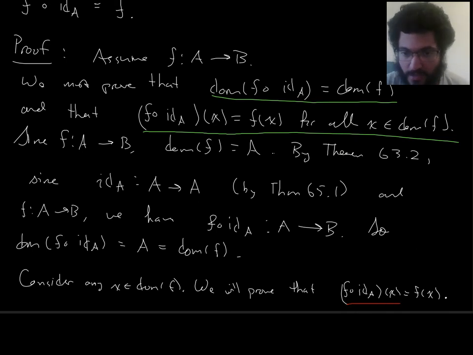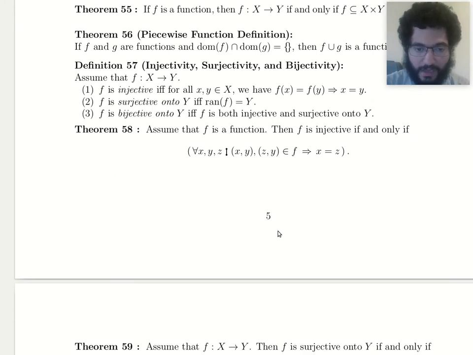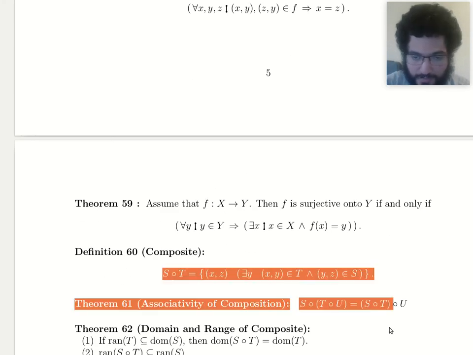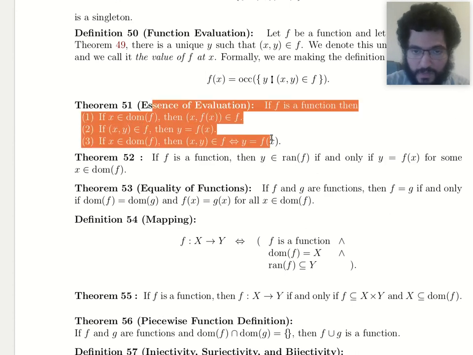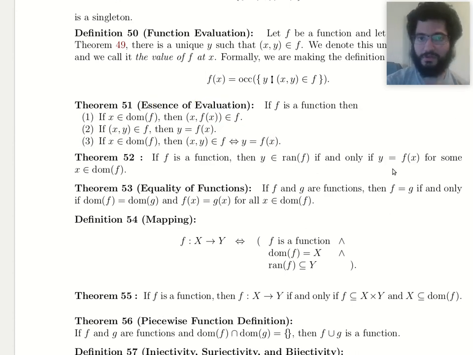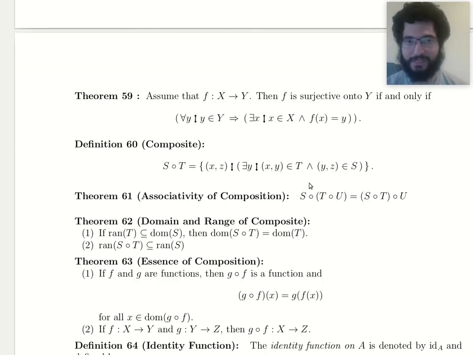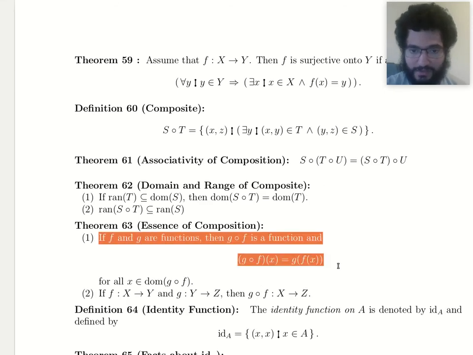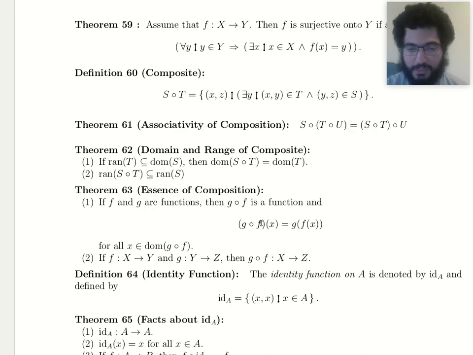I want to prove something about a composition evaluated somewhere, so I should probably use the definition of composition along with the essence of evaluation. Probably those things will get involved. And that's a very reasonable thought, but we have already done that work. The only reason it's a bad idea is that we already did that work, so we should use our previous results. We have done that work in proving part 1 of essence of composition.